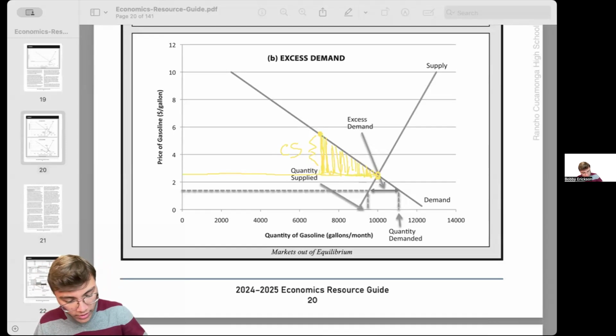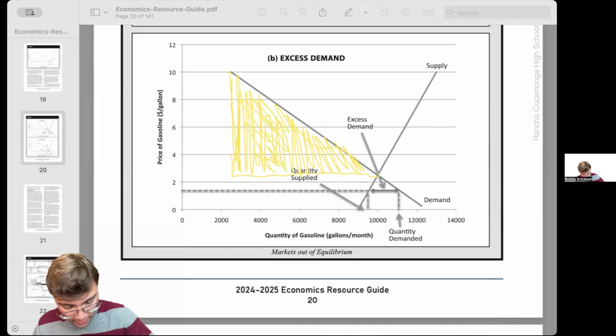So if we're looking for the total consumer surplus, it is going to be the area of this triangle here. We can find the area by doing the triangle area formula, right? So we have 10, and let's say this is 2 just for the sake of ease. We have 10 minus 2, so that's 8.